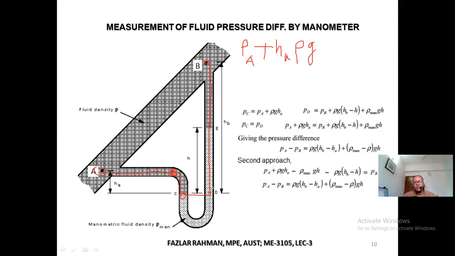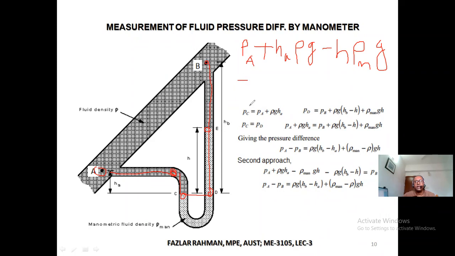Now you are at point C. Point C means you come to point D. Now you're moving upward, coming to point E. So you're going upward, negative H rho M G. Now from here, you need to come down to point B. Again, you're moving upward, minus. What is the height?